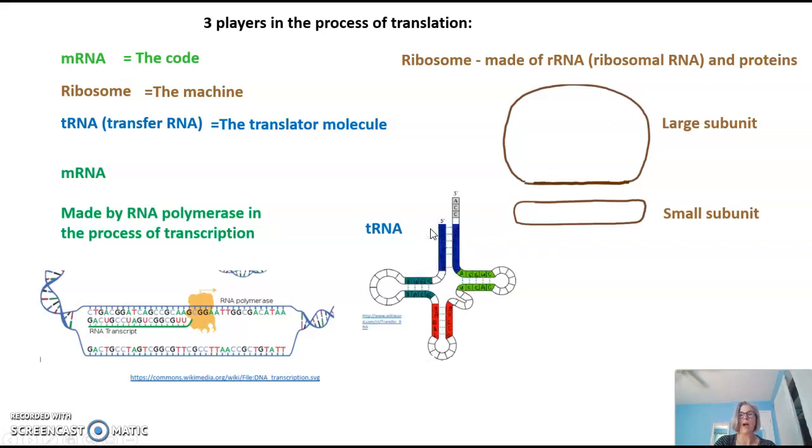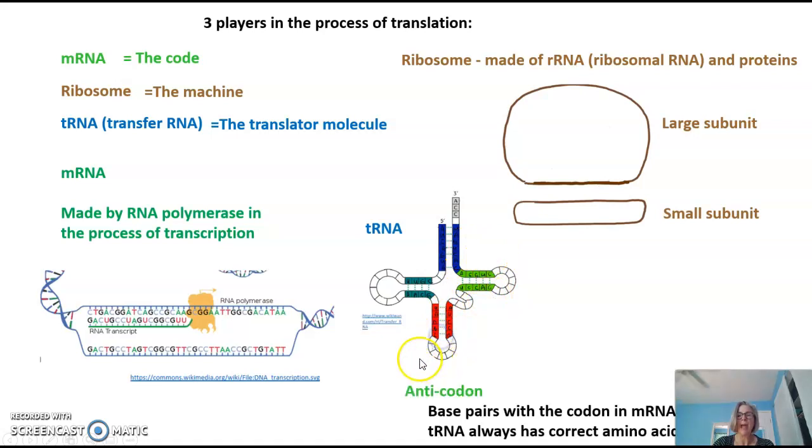tRNA molecules have this very characteristic and unique shape. RNA molecules are all single-stranded, but tRNA molecules fold up upon themselves and hydrogen bond within the molecule to form this very unique and characteristic shape. At this end of the tRNA, there are three special nucleotides called the anticodon.